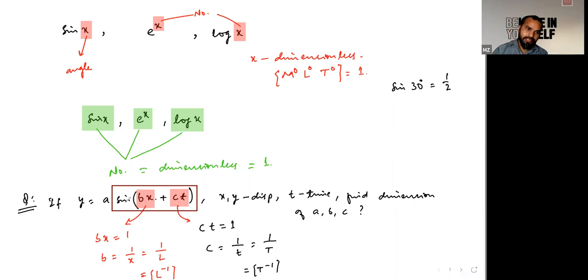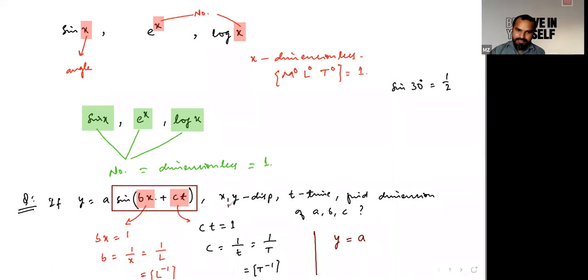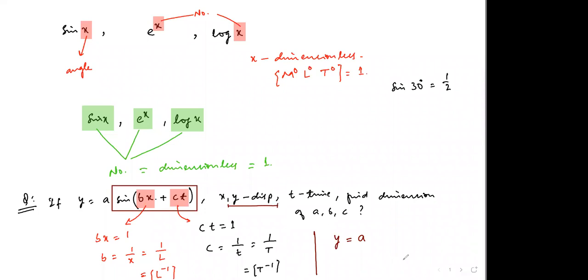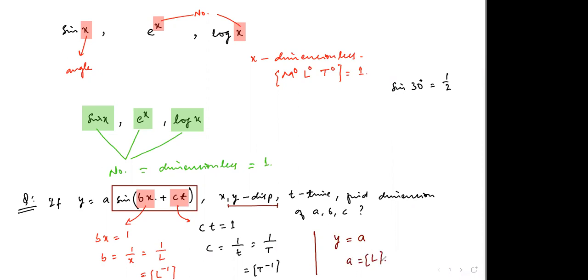So just neglect this whole part. So what are we left with? Y is equal to A. Okay, Abhinav? Yes, sir. And what is Y here? Y is just L. So the dimension formula of A would be nothing but L.